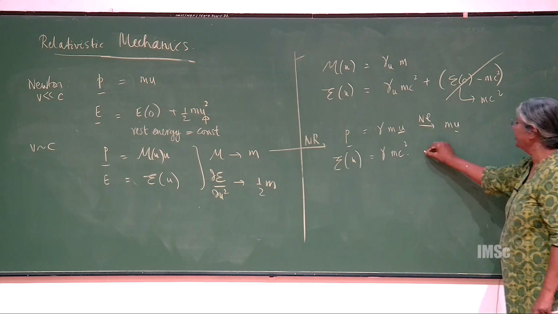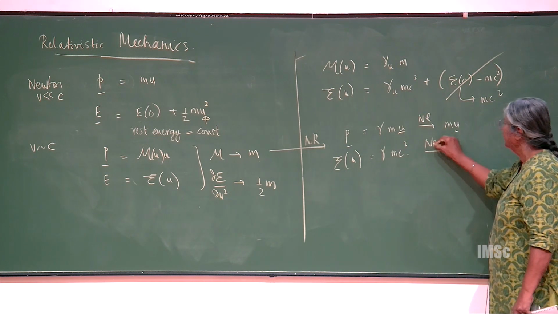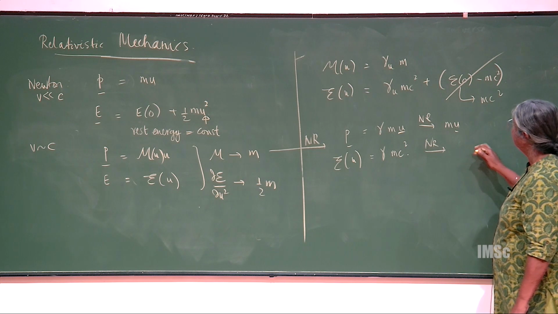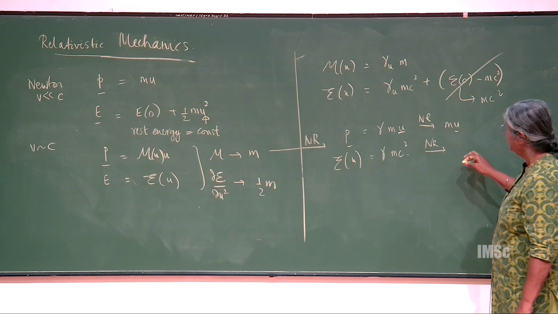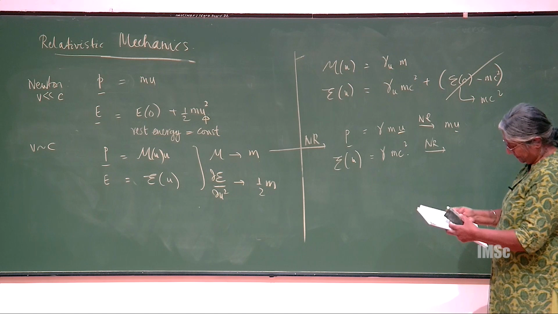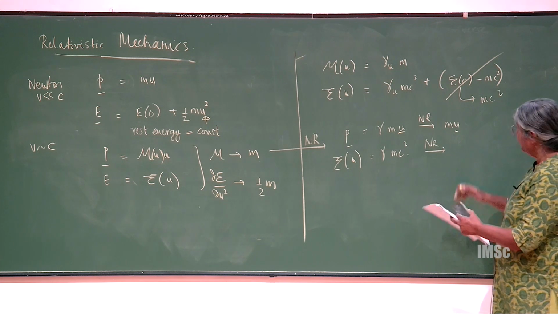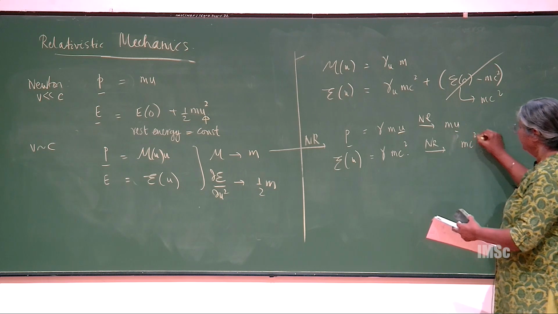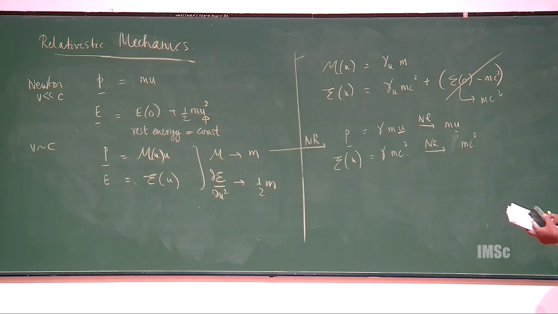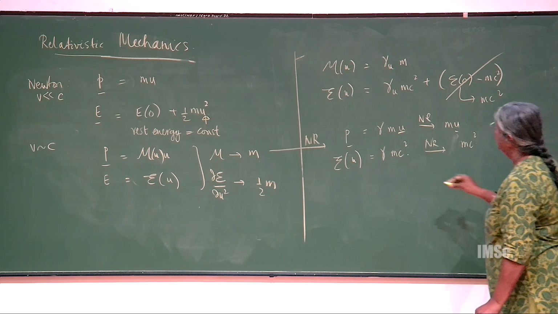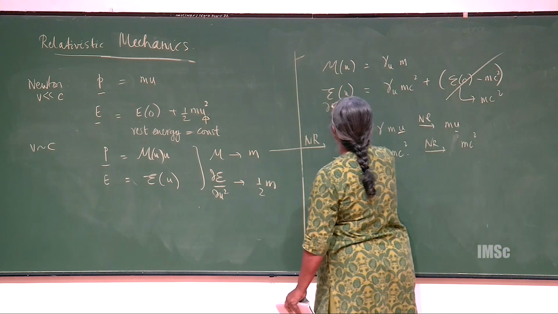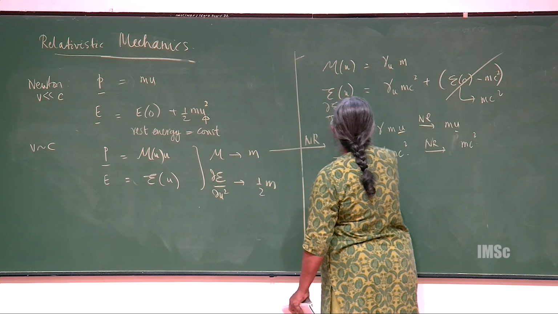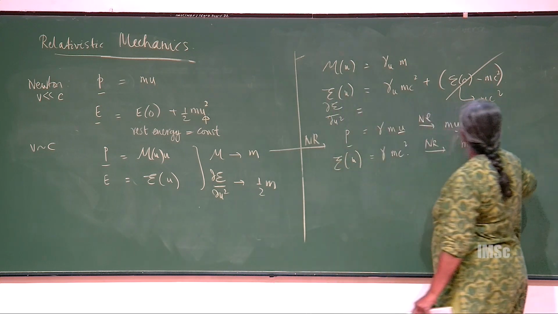And therefore its non-relativistic limit is gamma is mc squared. And so if, let me write here dE by du squared. So this has gone away.